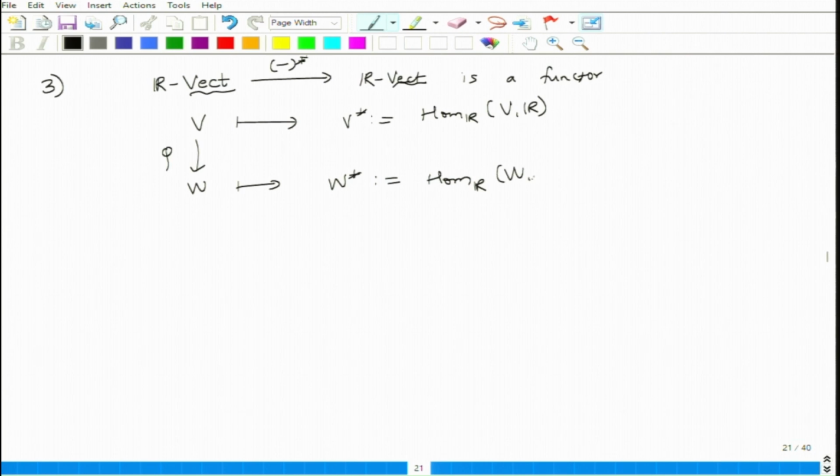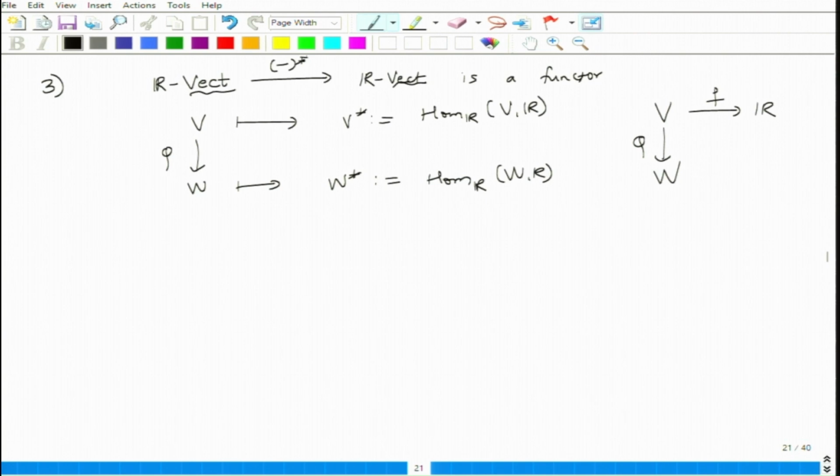Okay, now he is saying that we can define a map from, if you take a function from V to R, you can define a map from W to R. Tell me how to do that. Let me draw that diagram for your help. So there is a map from V to R, let me call it F, and there is a map from W to R. Now can you complete this diagram, like go from W to R?